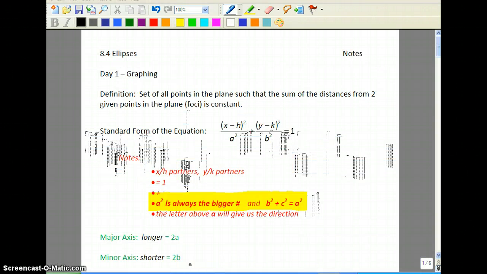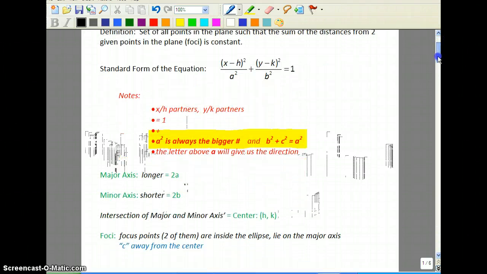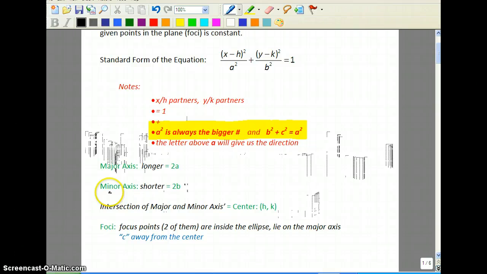All right, the long part is called the major axis, and the short one is called the minor axis. So you might have an oval this shape. This one would be longer than this one. So the pink one would be the major axis, and the orange one would be the minor axis.